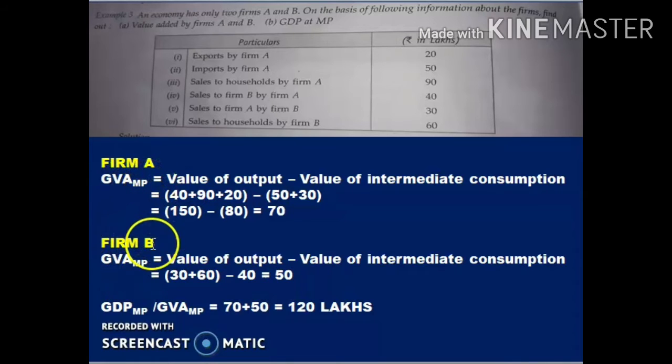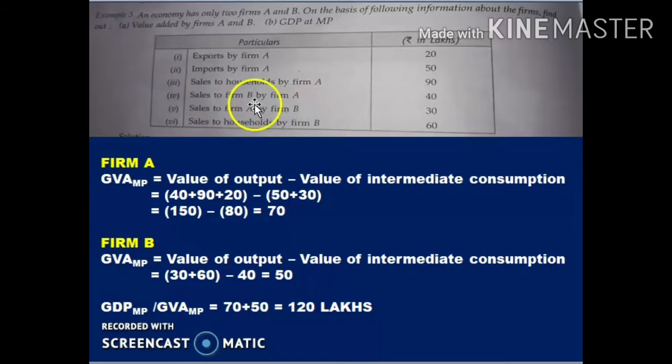Next, you have to similarly find it for firm B. So first, GVA MP is value of output minus value of intermediate consumption. Here you just read the question. So far it has been regarding A, so where B comes in, you have to read and understand.